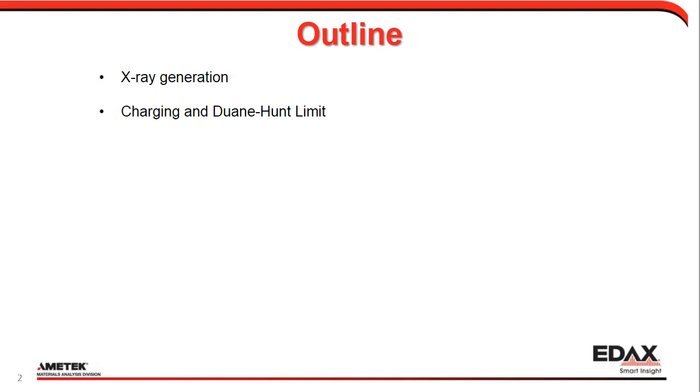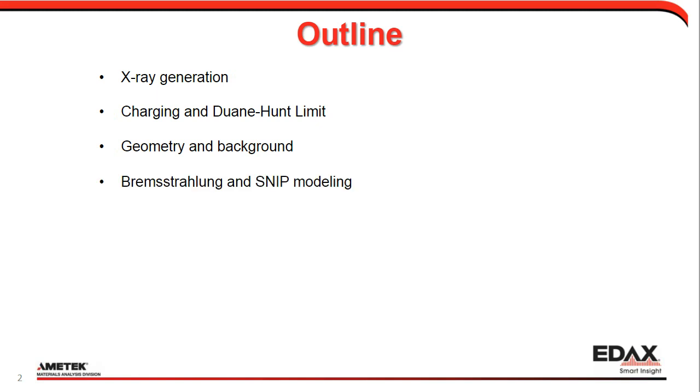We get into a little more detail then of the background signal, where we need to talk about the geometry inside the system and how that affects the background. And then we'll move on to how to model the background. There are a few different options that apply at EDAX. There are, of course, other options that other vendors apply.